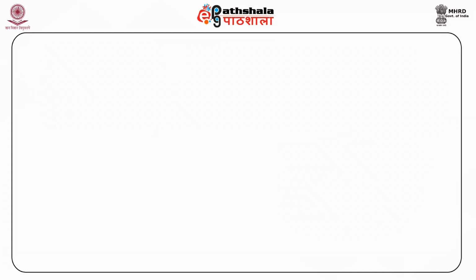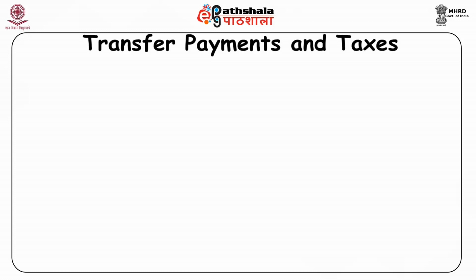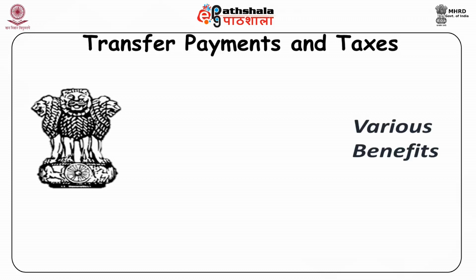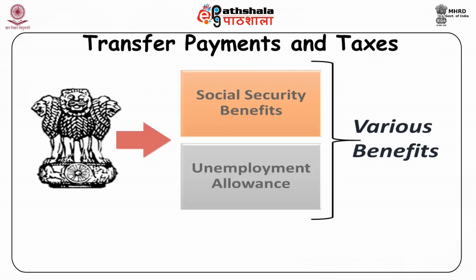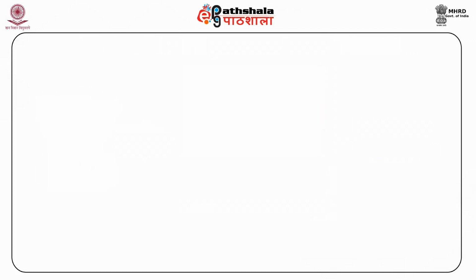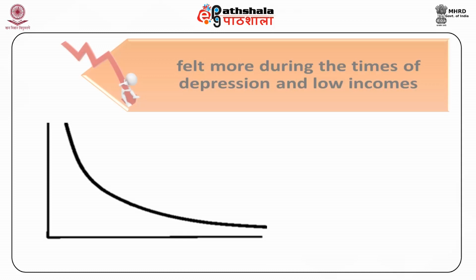Another component is transfer payments and taxes. The transfer payments, denoted by TR bar, are unilateral payments made by government in the form of various benefits and allowances, such as the social security benefits or unemployment allowance. The desirability of such payments is felt more during the times of depression and low incomes.